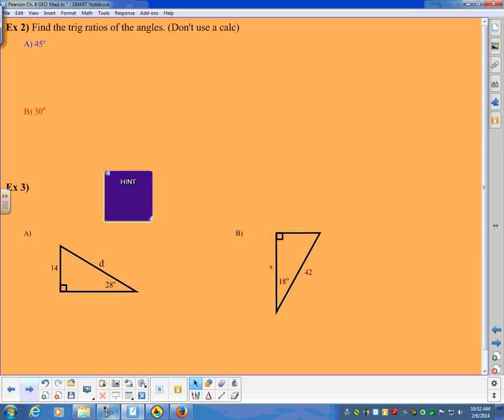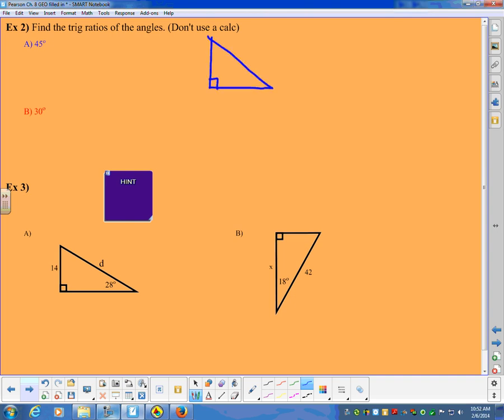All right, here it is: find the trig ratios of the angles for a 45-degree angle. Don't use a calculator. Well, let's draw a picture of my triangle for the 45-degree angle. First of all, it needs to be a right triangle.